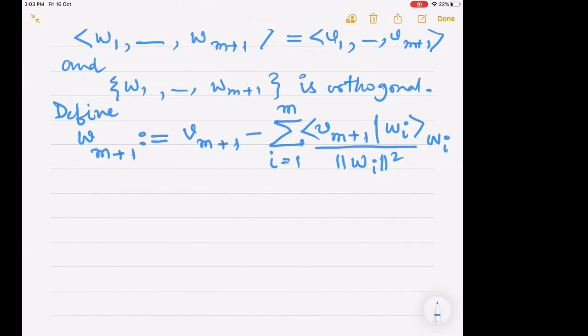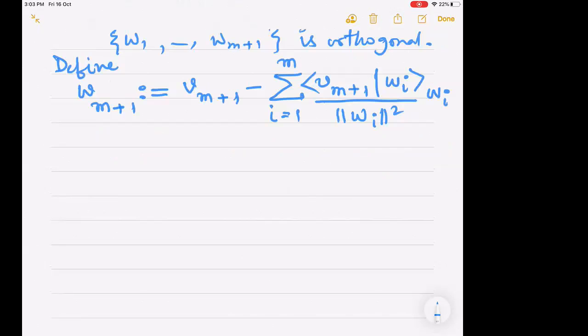Claim is, the dot product of Wm plus 1 with Wj ought to be 0 for all j going from 1 to m. Now, why is that true? Let us see. This is by linearity in the first variable.